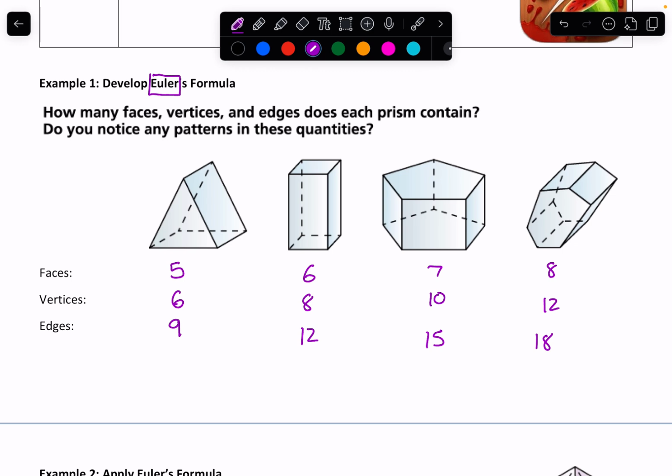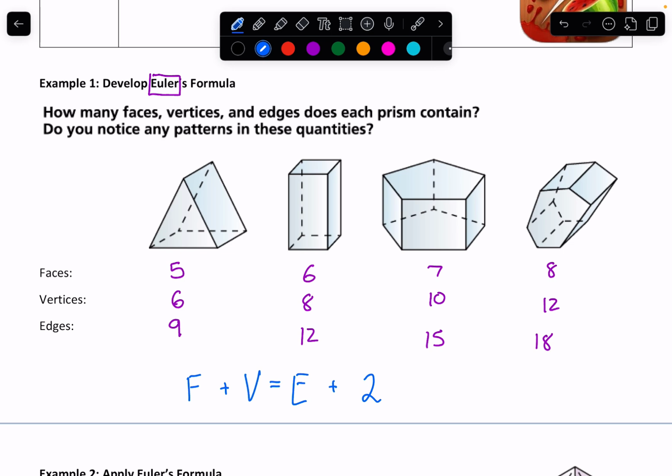We use F plus V, the number of faces plus the number of vertices, is going to be equal to the number of edges plus 2. And that's what he got after he consolidated and condensed all of the patterns that he had been seeing amongst these shapes. So this is what we call Euler's formula.